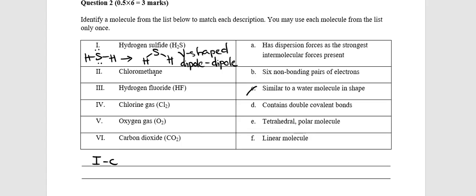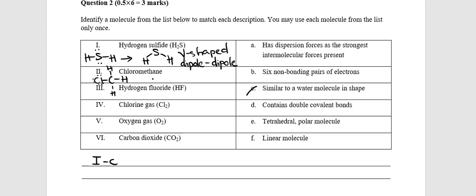The next one, chloromethane. At this stage you should be able to draw out what chloromethane looks like. So it has carbon with 3 hydrogens. All right, this is not ideal, but I guess it'll be okay. And the chlorine atom does have 3 lone pairs of electrons.